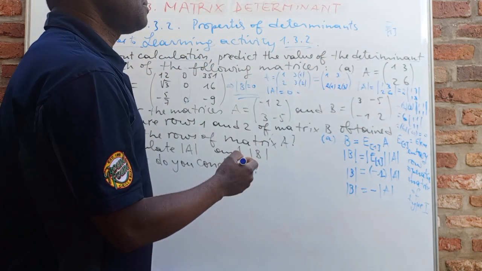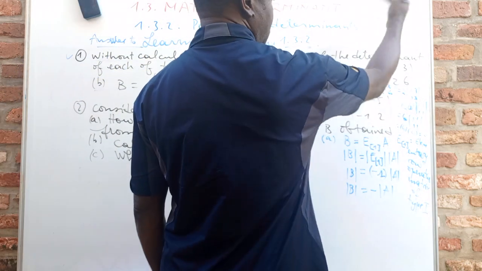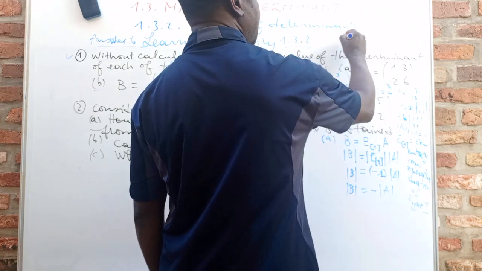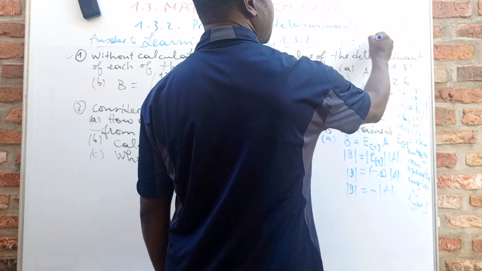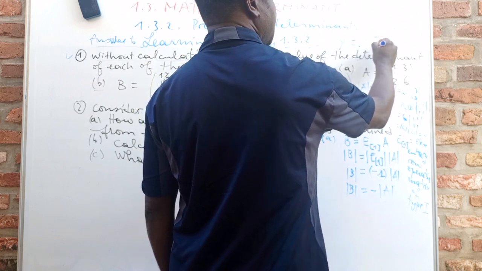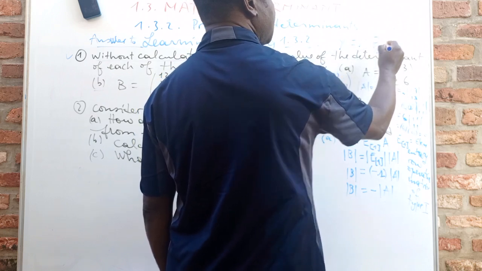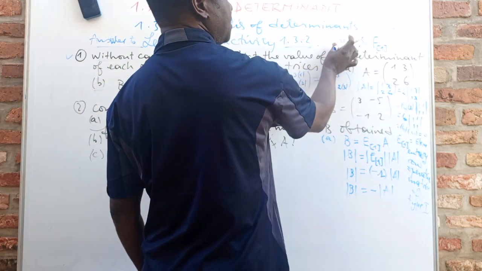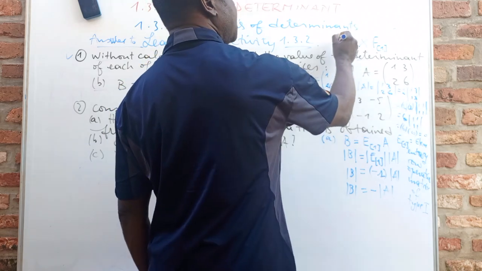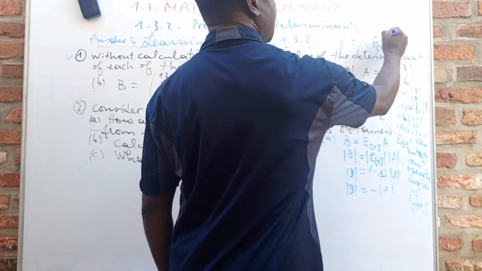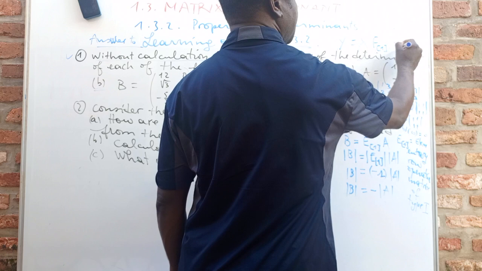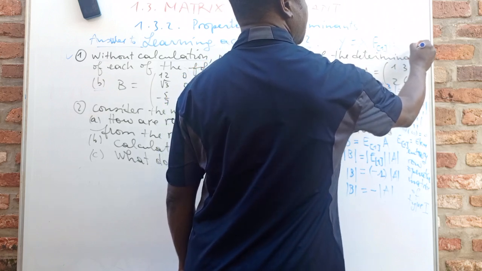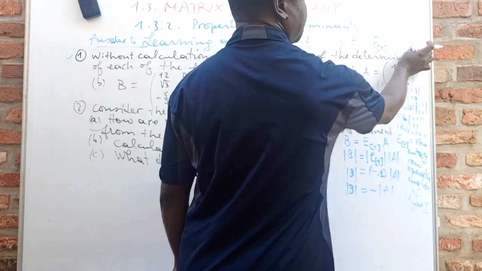So for switching columns, suppose we have a matrix X, and we can form another matrix Y by switching two columns of matrix X. Now the determinant of Y is equal to the determinant of X times the determinant of F1.